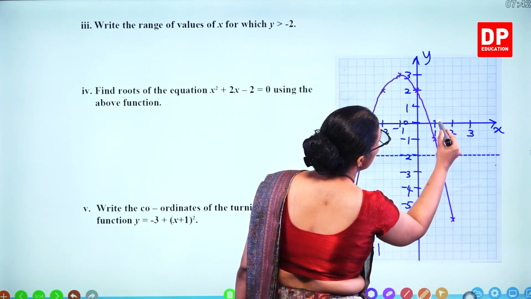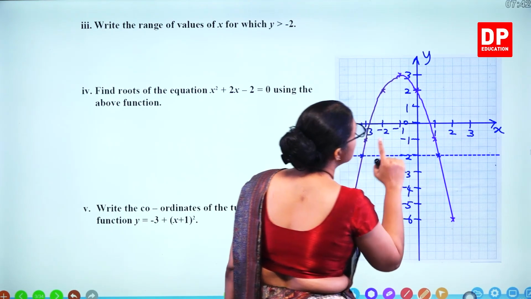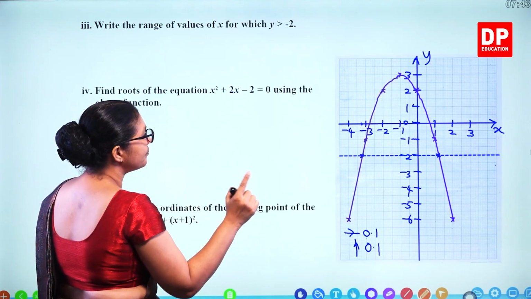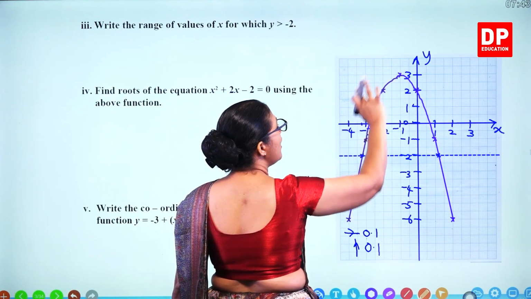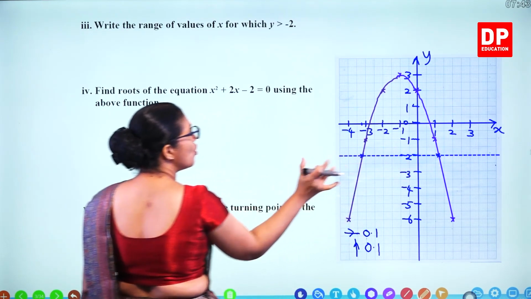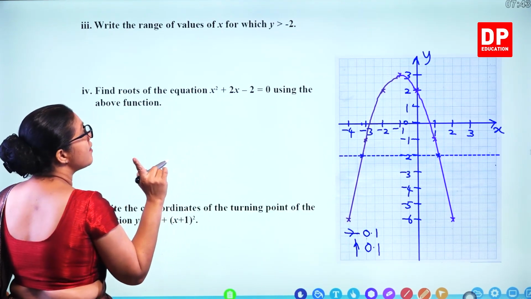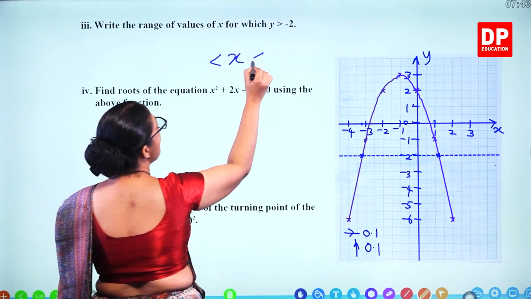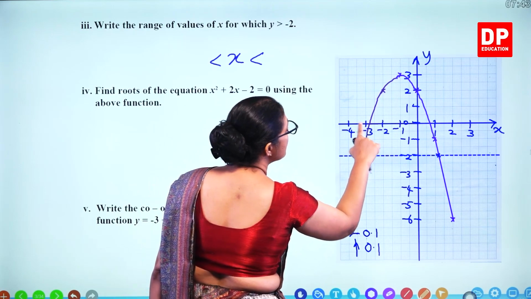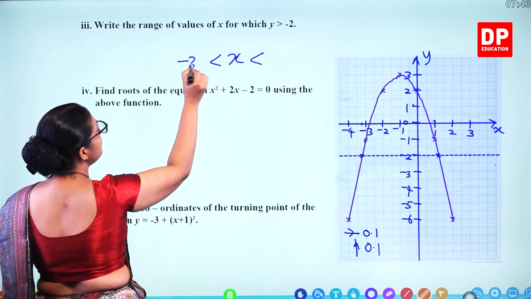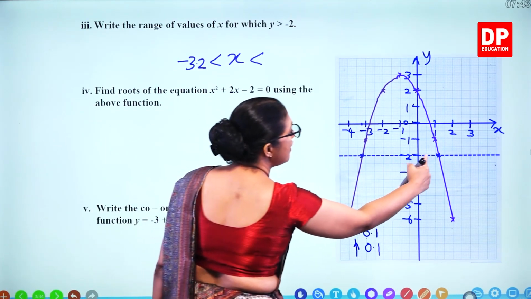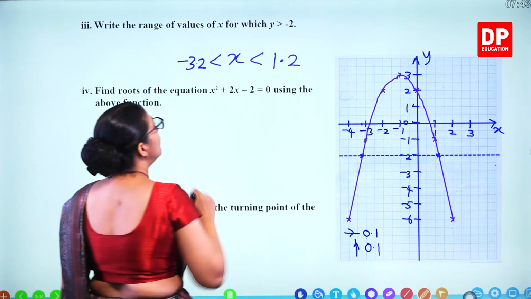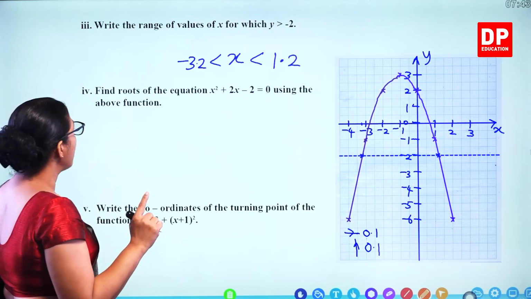What's this value? 1.2 squares to the right of 1. So the x value lies in between these 2. So you can write y greater than minus 2 means x is in between minus 3.2 and 1.2. So that's the range of x.